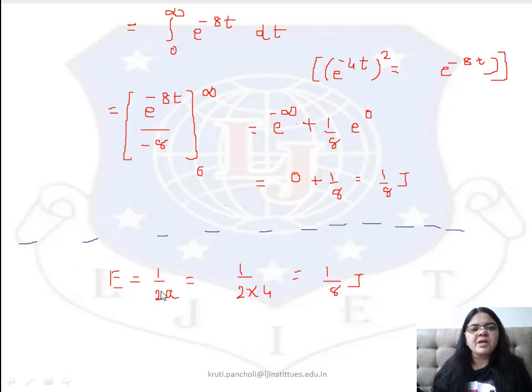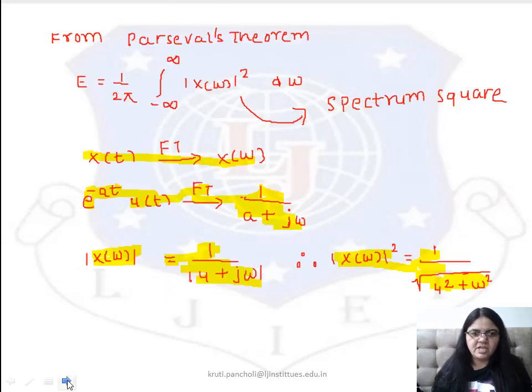It is 1 upon 2a. So 1 upon 2 multiplied by a equal to 4, and it is 1 upon 8 joule. So this is one way we have verified the answer. It is 1 by 8 joule. This is another way you can say that the energy is 1 by 8 joule.